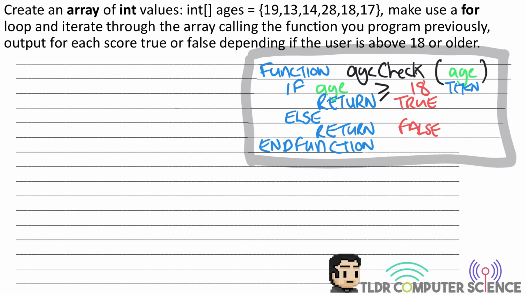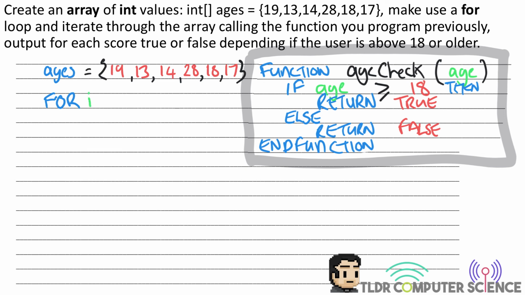So what's the first thing I'm going to write down? What's my array going to be? Now we've declared our array, and we'll go for, and then we have to have a counter.